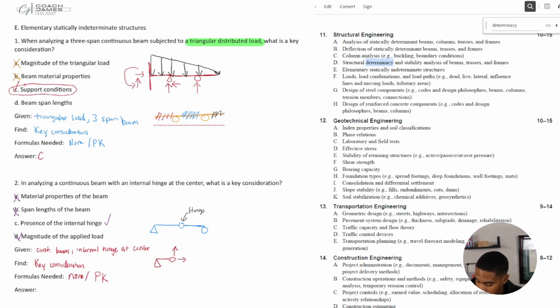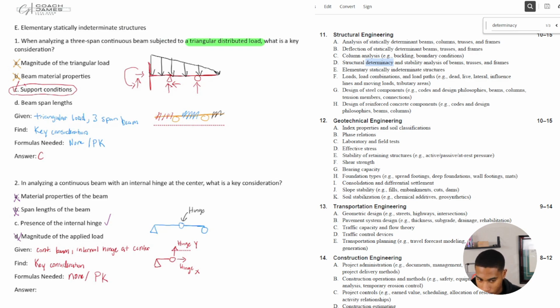So we'll say the hinge X force and the hinge Y force. In both of these, it's going to be able to hold and support more than if there was no hinge. So the hinge creates more flexibility and it makes your span shorter, which is something else that's key.